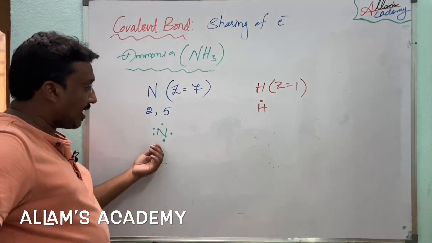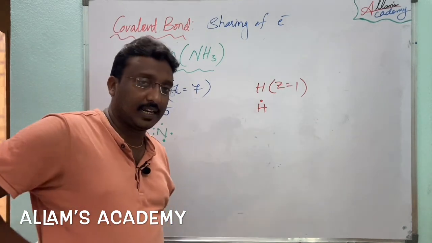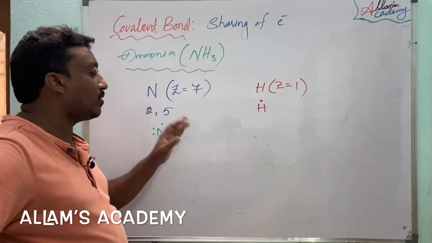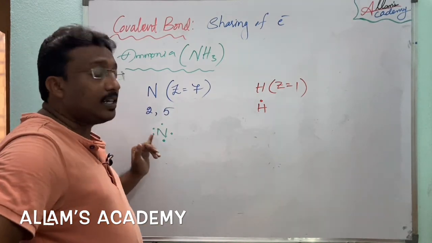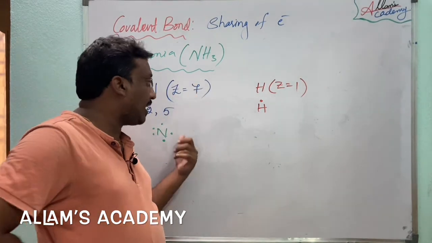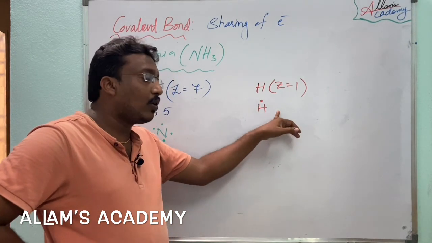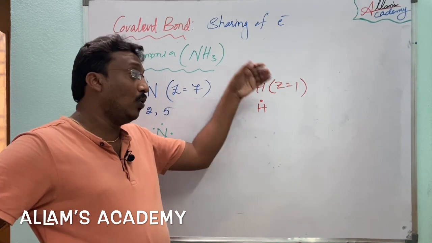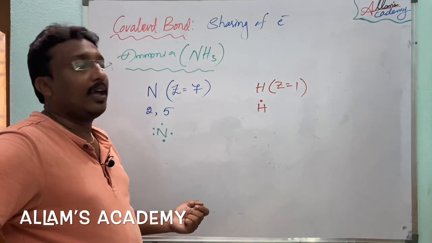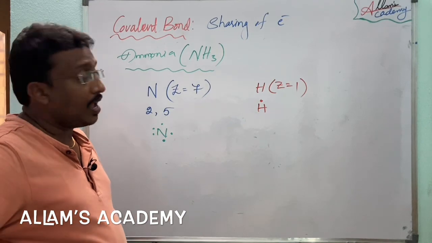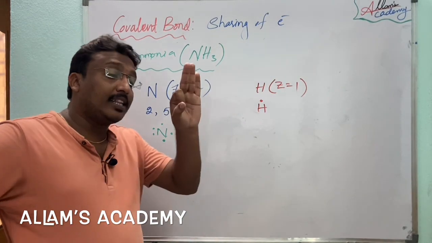Here nitrogen is not ready to transfer an electron to hydrogen, and hydrogen is also not ready to lose its electron, but it is ready to share, but nitrogen requires 3 electrons.